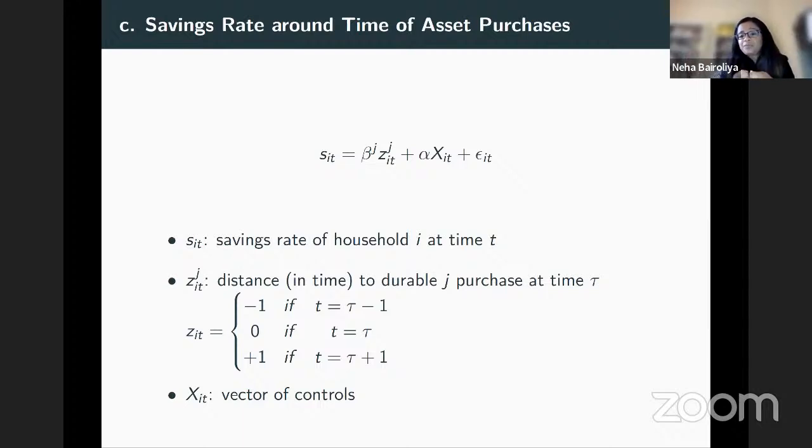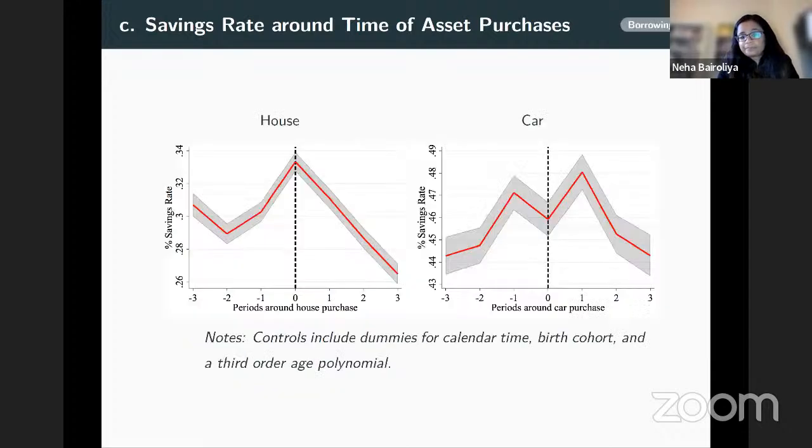In the actual period of the purchase, Z_it would be 0. So it's really measuring your distance from the purchase and looking at how savings rate changes over this whole time period around the purchase. And again, we have a vector of controls, the basic controls that we've been using all throughout our analysis, like age of the head, wealth controls, education, and so on and so forth.